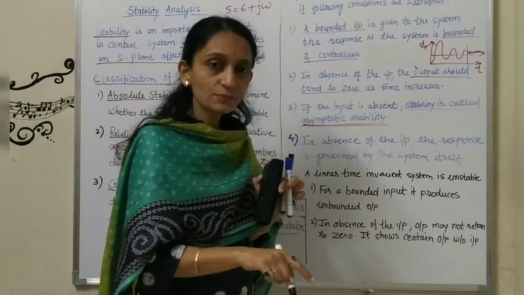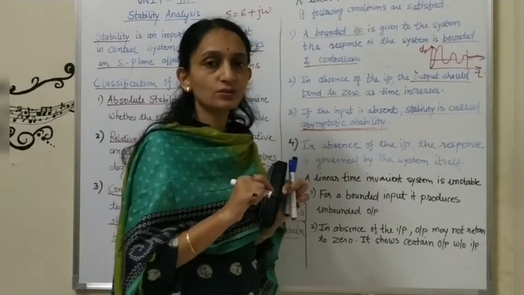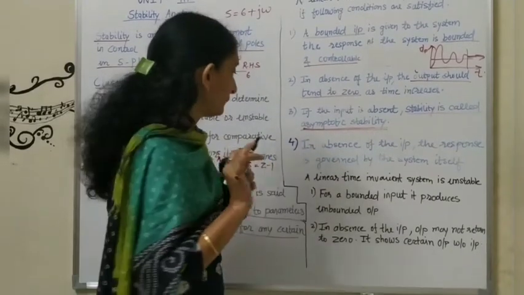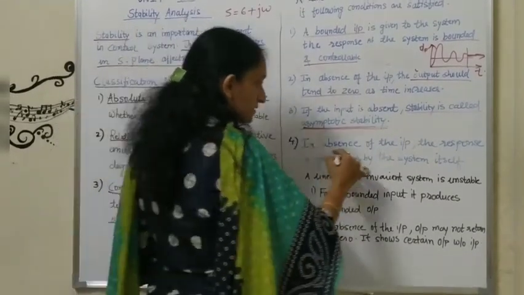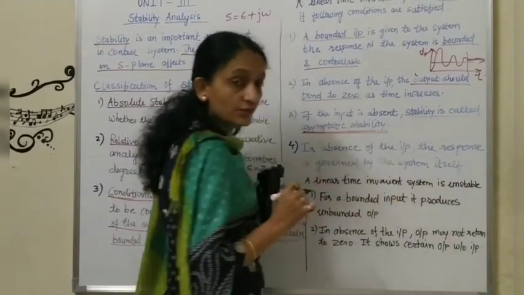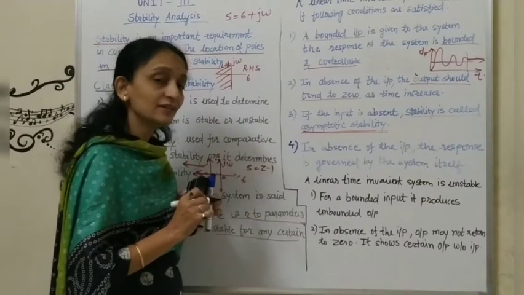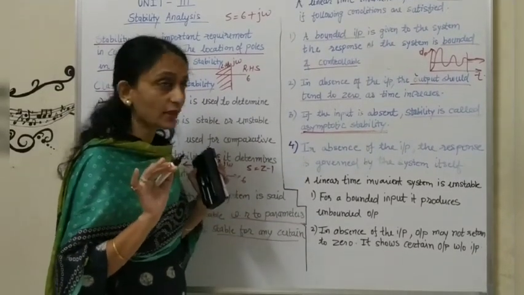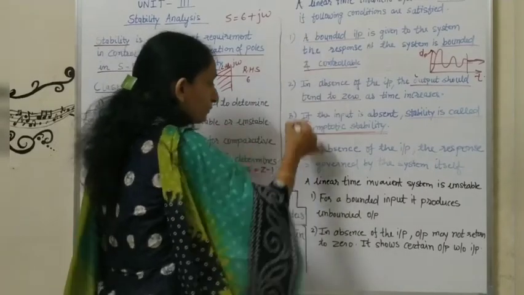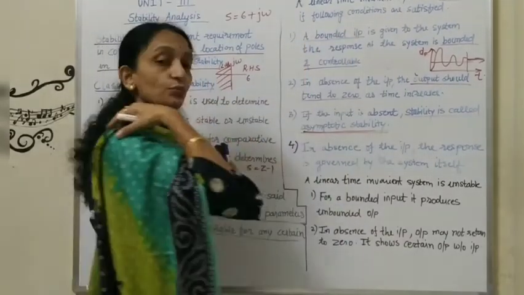If the system is stable when input is absent, then that stability is called asymptotic stability. Number 4, in absence of the input, the response is governed by the system itself. So these are the 4 conditions for the system to be stable.